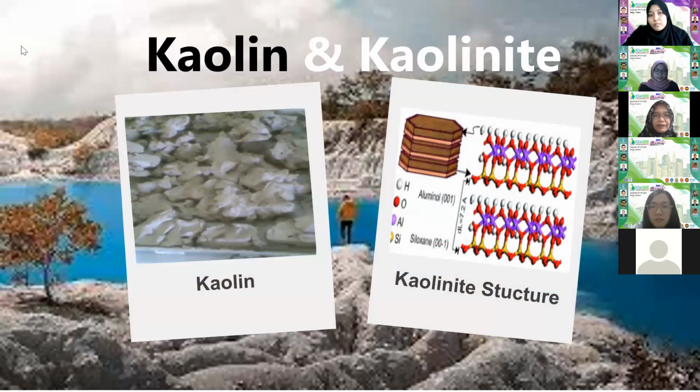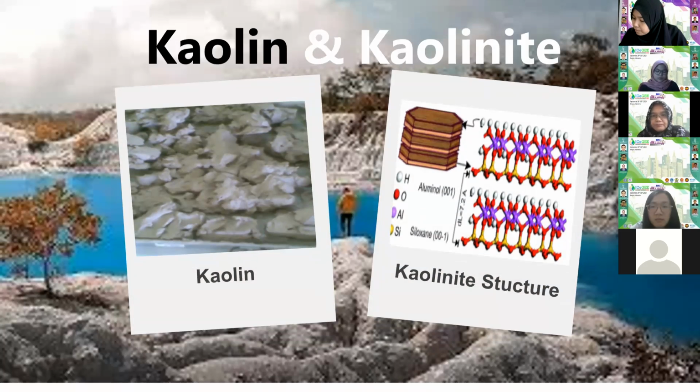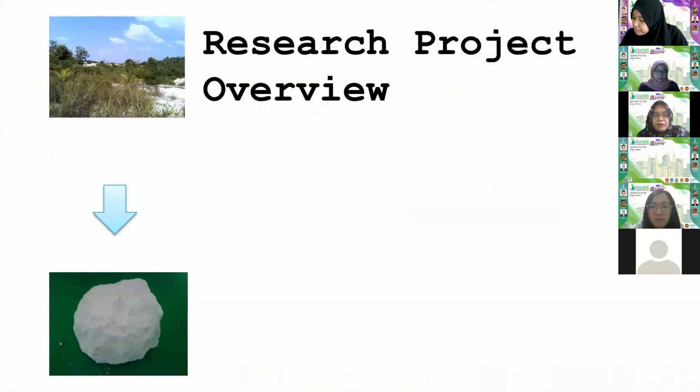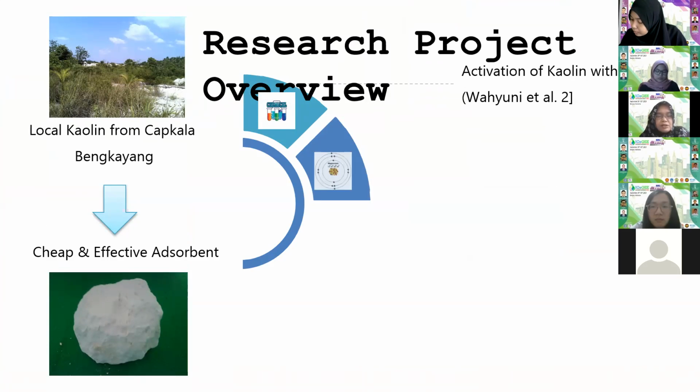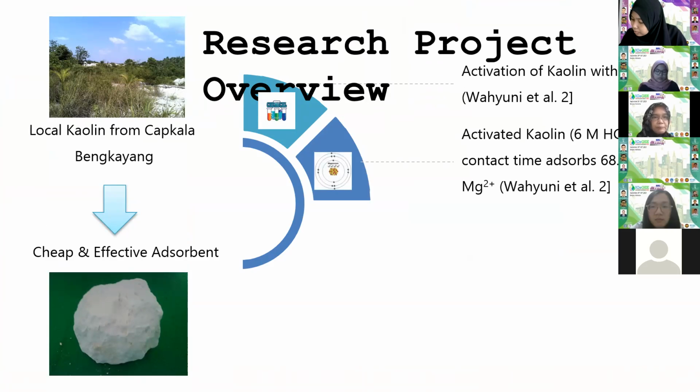This is kaolin, and from the point of view of the chemist, the structure is like this, a combined 1:1 structure of octahedral and tetrahedral sheets. In this research, we use kaolin from Capkala, Bengkayang Regency, and then we activate it using hydrochloric acid.